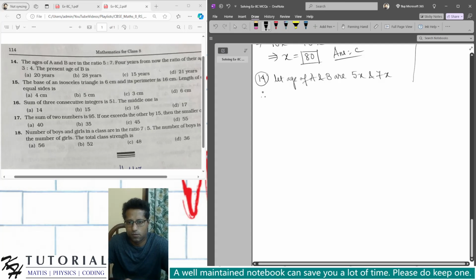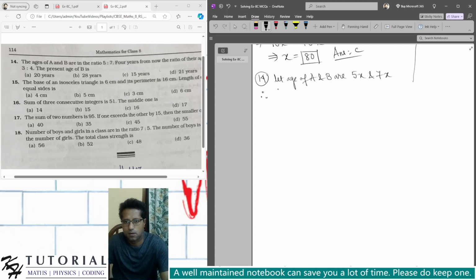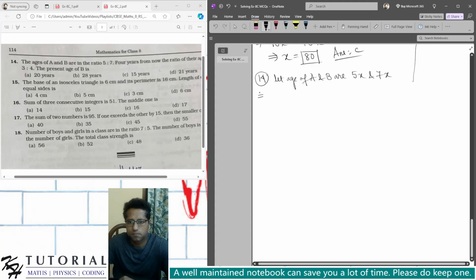So this implies 4 years from now, the age of A will be equal to 5x plus 4.